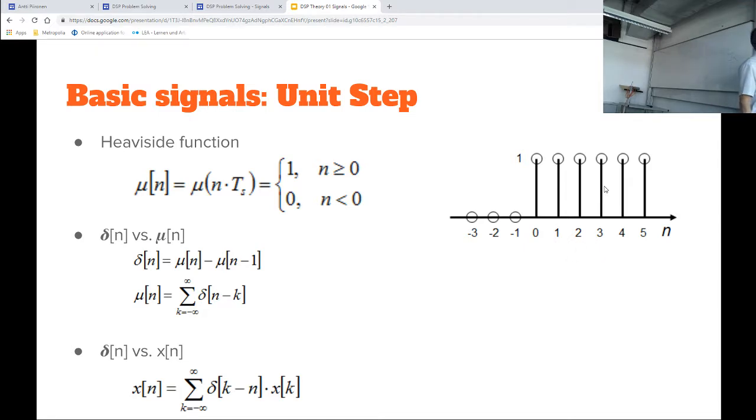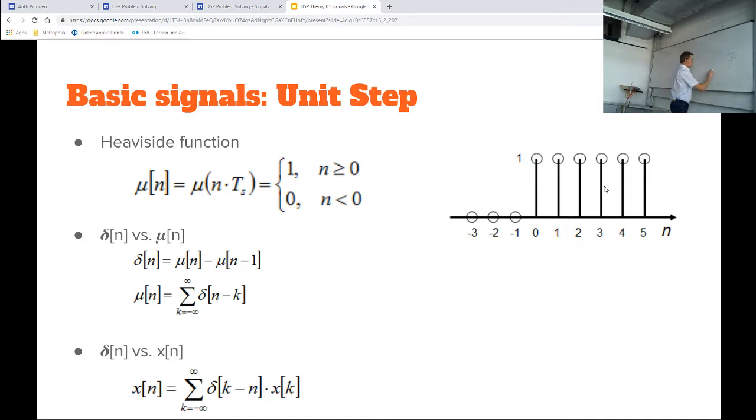Well, the Heaviside is also the, okay, I think there's an error here. Sum over k from 0 to infinity of delta[n-k], that would be the Heaviside. And what the last formula says is that any arbitrary signal x can be described as a sum of its parts.